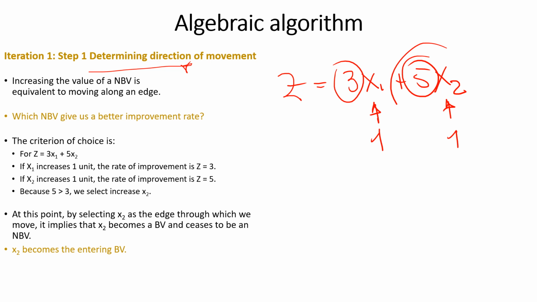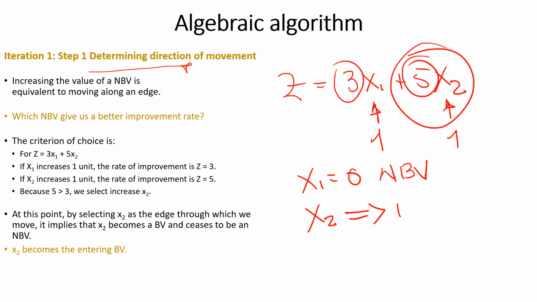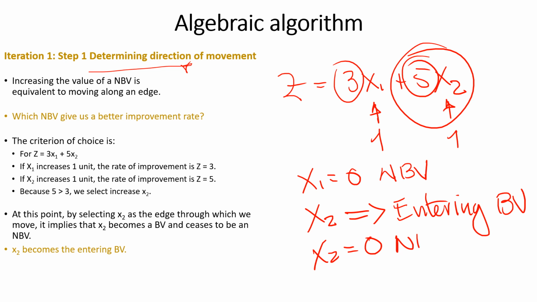So we're going to go through x2. That means x1 stays as 0, still being a non-basic variable. But now x2 will become what we call the entering basic variable. It's no longer a non-basic variable. It's going to change places with another basic variable.